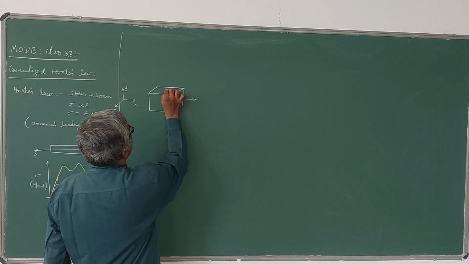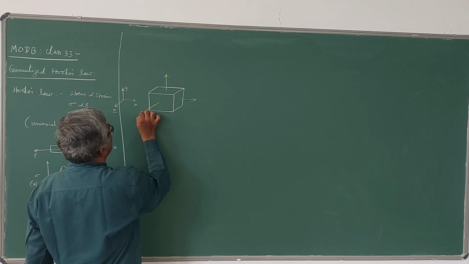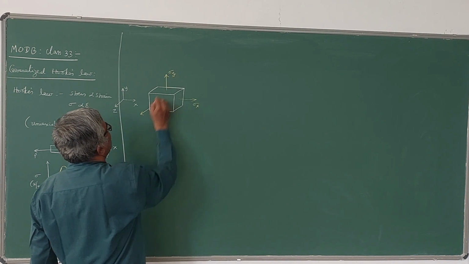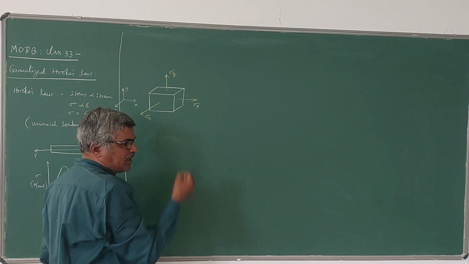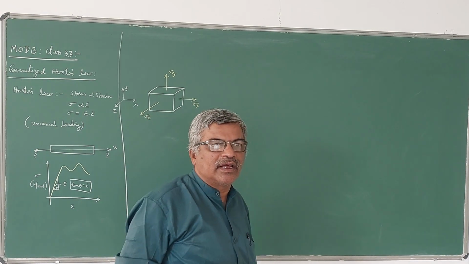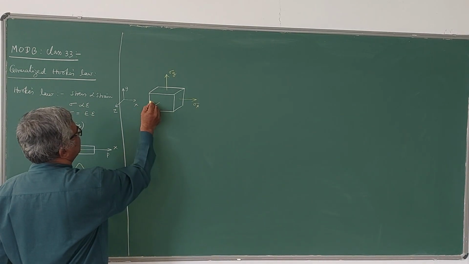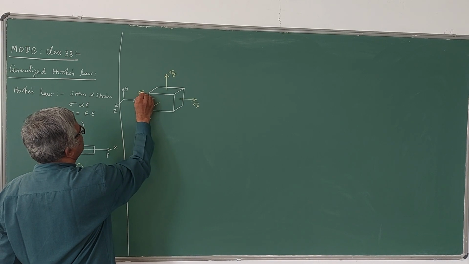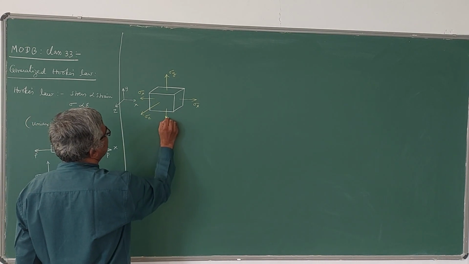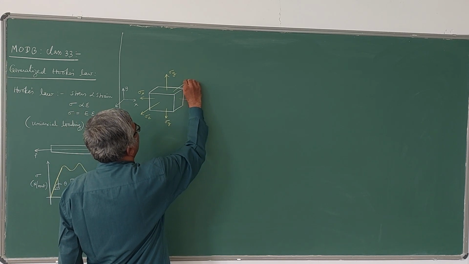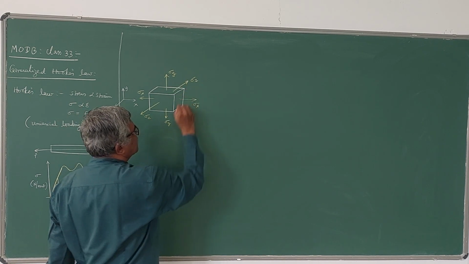In x direction, y direction, z direction, we will be having stresses sigma x, sigma y, sigma z. These are the normal stresses because they act perpendicular to the cross section. In addition to that, we will be having shear stress also. All these I have explained in the first video. Please go through the first video, stress at a point.